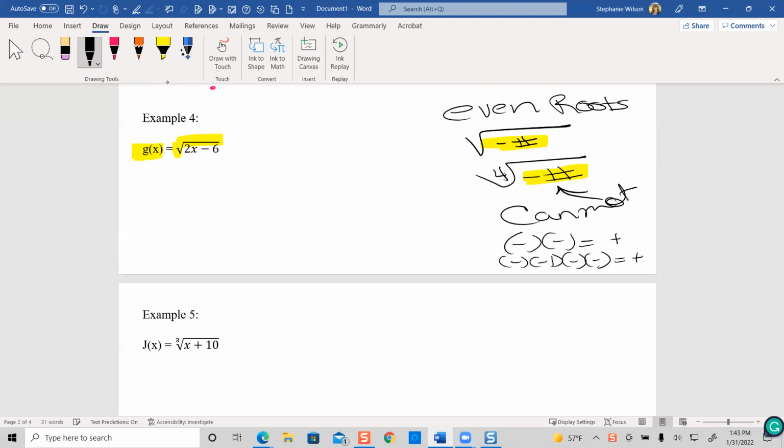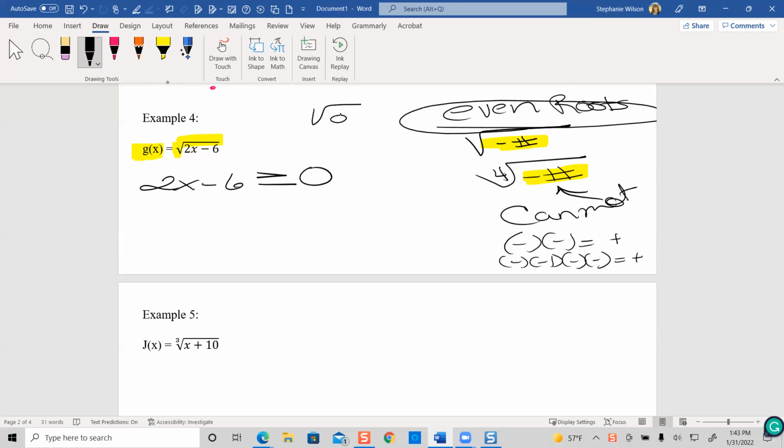So this is why there is a restriction on even roots. So what we need to do is take what's inside there, the radicand, and set it equal to or greater than 0, meaning that I can have 0 in the root, because the square root of 0 is 0, cube root of 0 is 0, fourth root of 0 is 0. Okay, so that's all true.